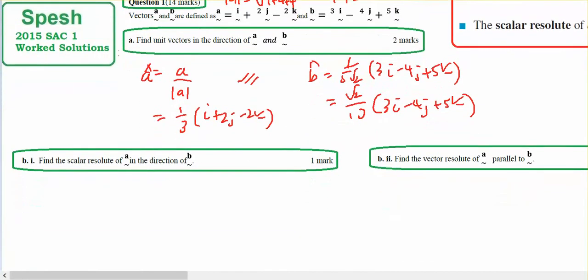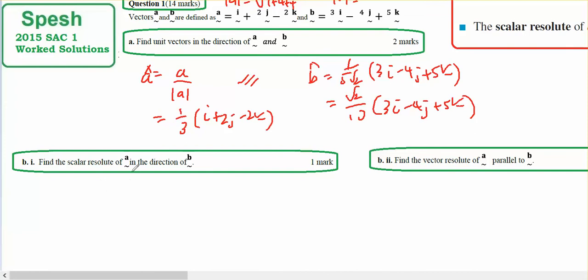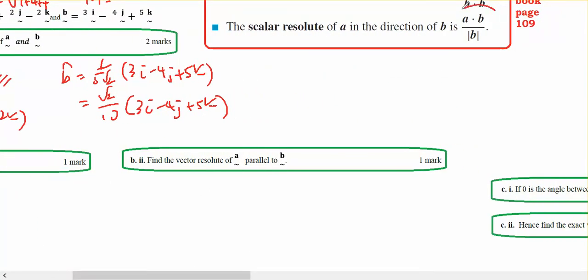Okay, in part B, find the scalar resolute. The scalar resolute of a in the direction of b will be a dot b on the magnitude of b. Taken from the textbook, there it is.